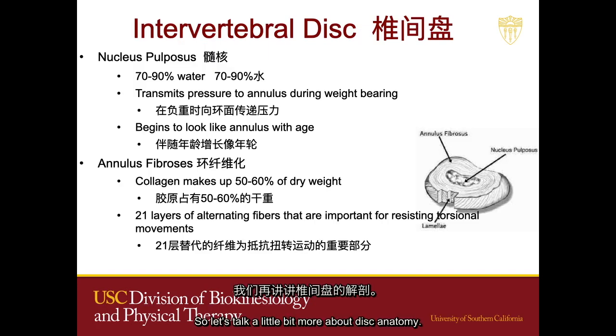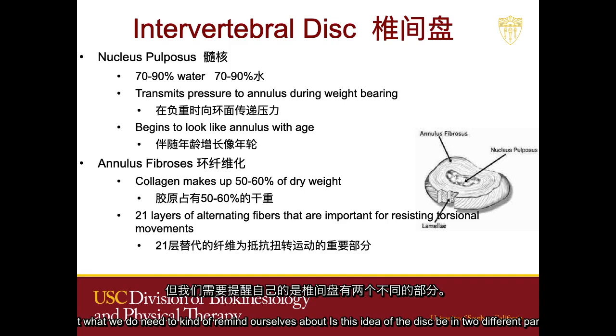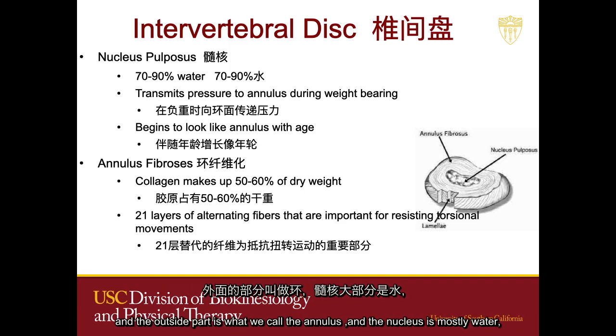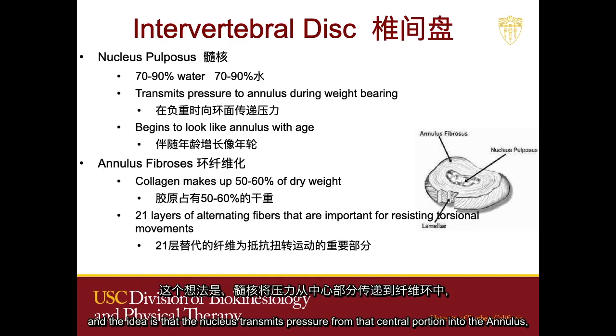Let's talk a little bit more about disc anatomy. We're not going to go into a lot of detail, since this is part of a separate class, but we do need to remind ourselves that the disc has two different parts. The central part is the nucleus, and the outside part is what we call the annulus. The nucleus is mostly water, and it transmits pressure from that central portion into the annulus.